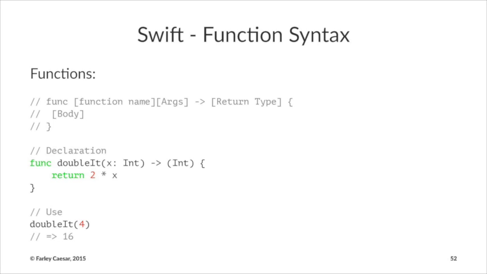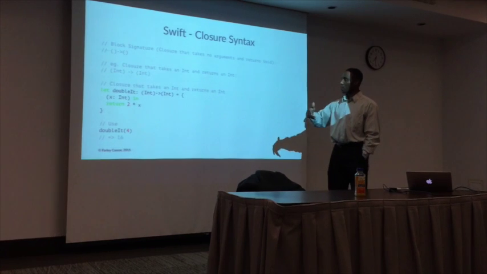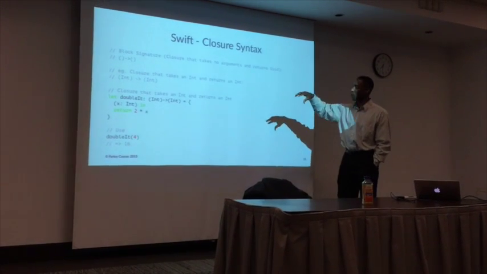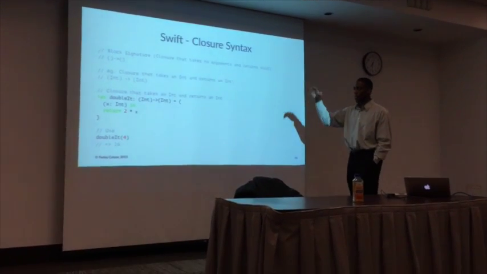And Swift has something called closures. The concept of a closure is something like an anonymous function, or a freeform function, that has an input and has an output. It can also close around its state, the state of the program around it.